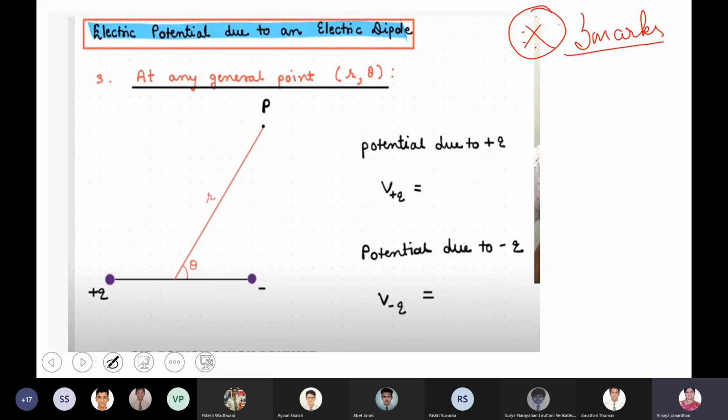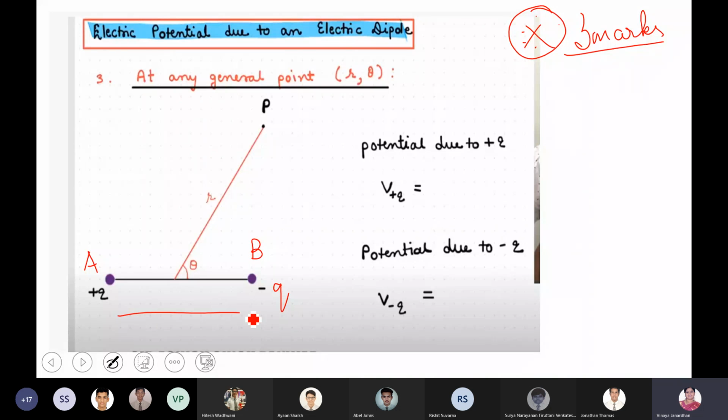So what is an electric dipole? Let me know what is an electric dipole. An electric dipole consists of 2 identical charges, the magnitude will be the same, but they will be unlike charges, separated by a distance of 2a or 2l.